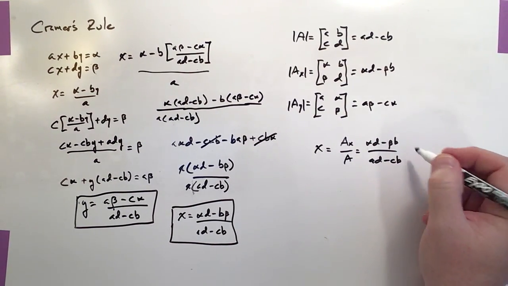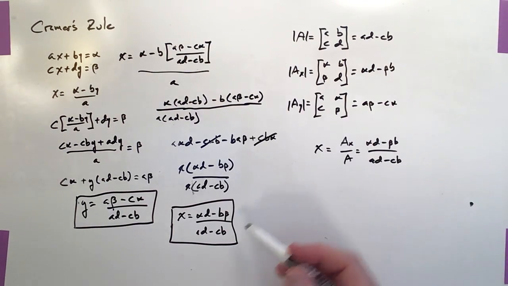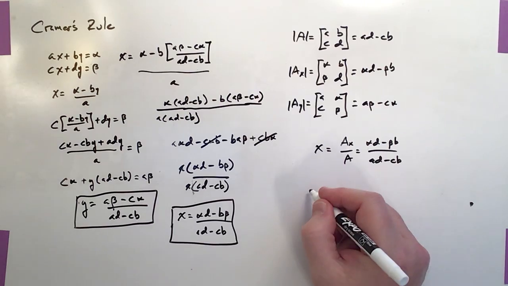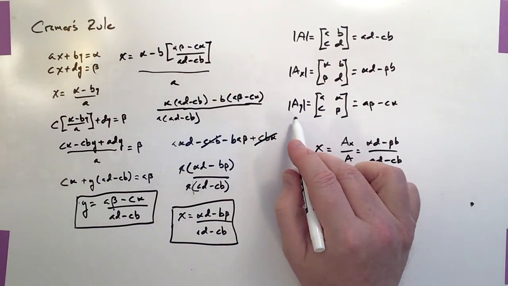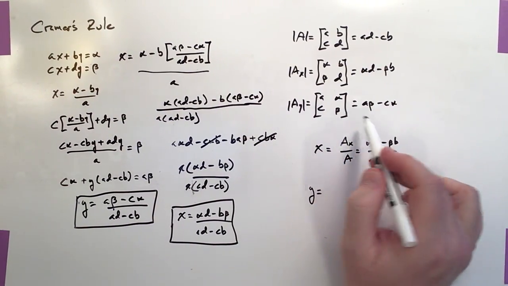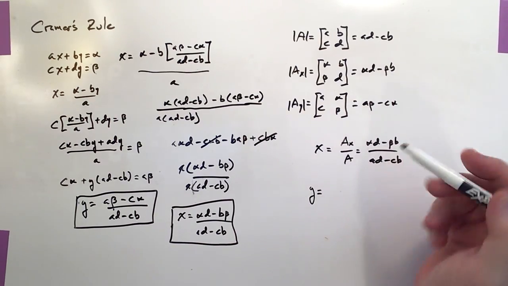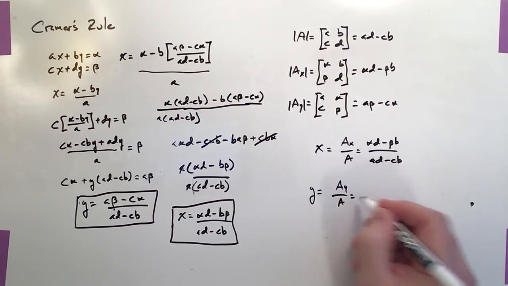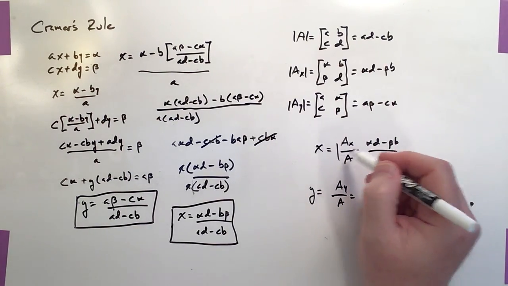And I think that looks familiar to you. That's exactly what we got by solving the system sort of the standard way by just using substitution. Of course, Y is going to be the determinant for the AY matrix divided by the determinant for the coefficient matrix. So that's AY over A. Again, these are determinants.